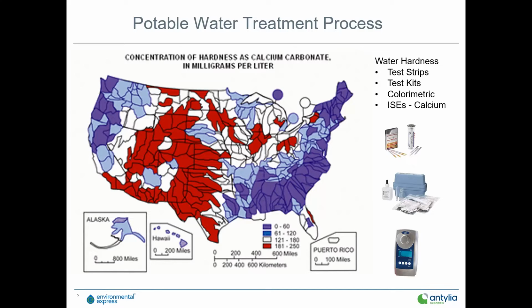But again, this isn't toxic, and there are a lot of different means to test water hardness. We offer test strips, simple drop test kits, color wheel kits, colorimetric analysis, as well as ISEs.